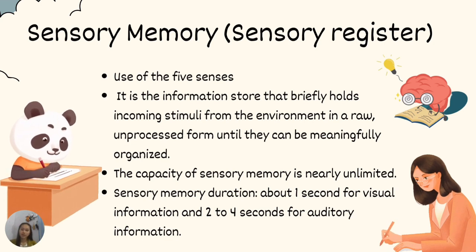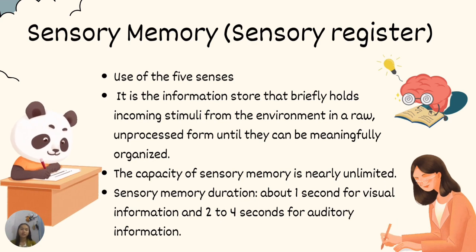Moreover, the capacity of sensory memory is nearly unlimited, meaning that there is almost no limit on how much sensory information can be filtered in our sensory memory. The duration, though, is very short. The duration of sensory memory changes little depending on which system of sensory memory we are talking about.